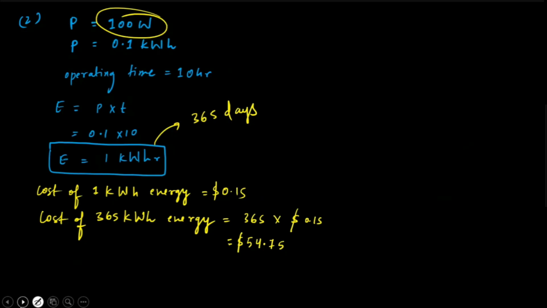So the question is, how much time will it take to recover the $75 cost? I can say within 1 year we'll be able to recover $55, and maybe in 15 months we'll be able to recover everything.